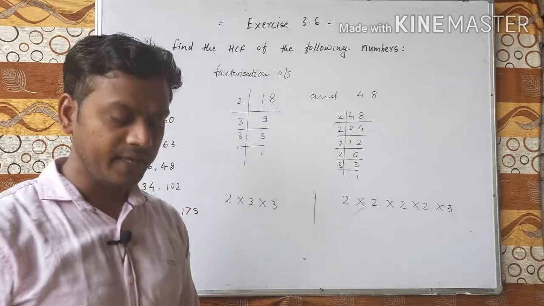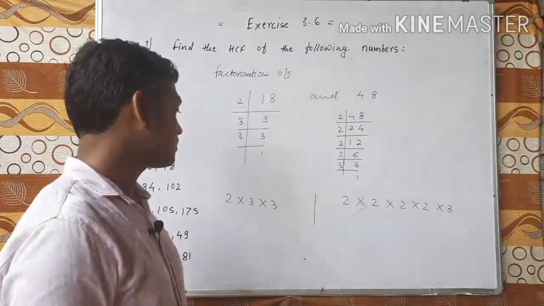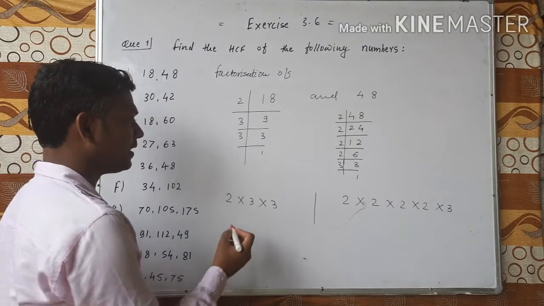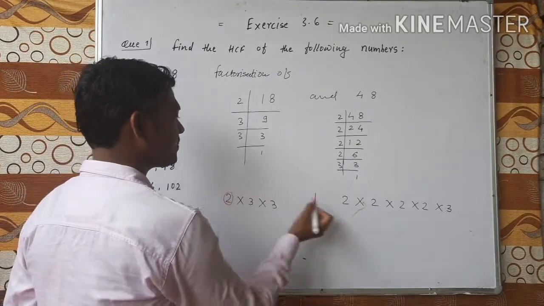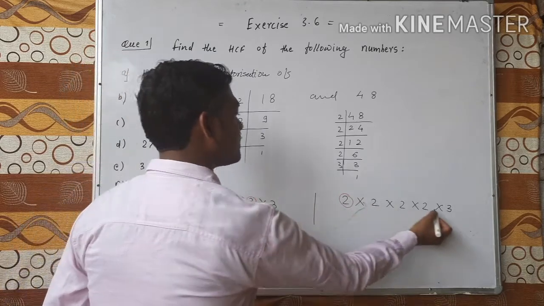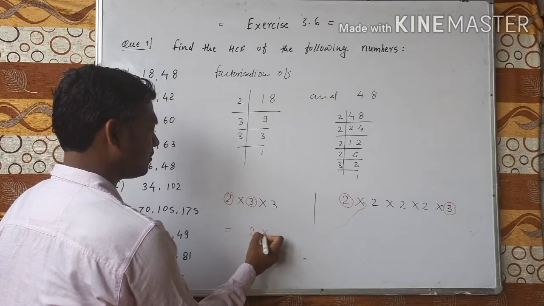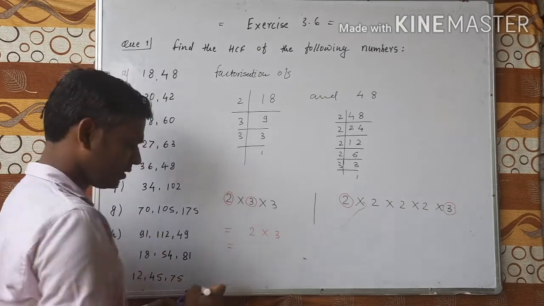Then we can write their common numbers. So we can see here 2 is present in both numbers and similarly 3 is present in both. So we can write 2 into 3. Why?